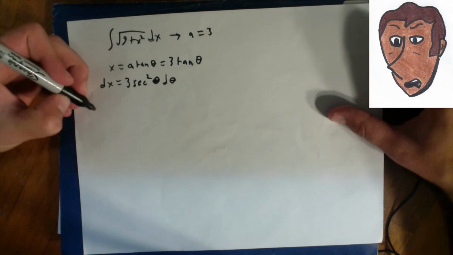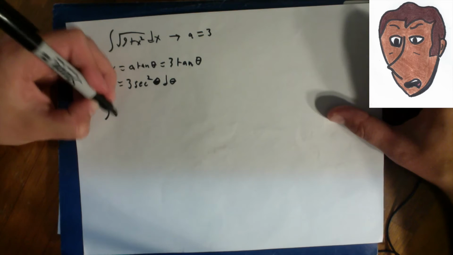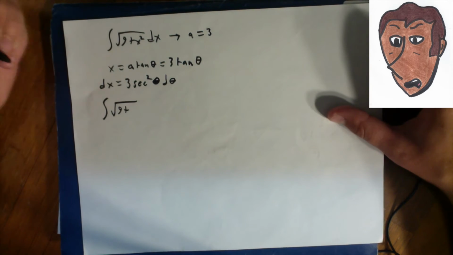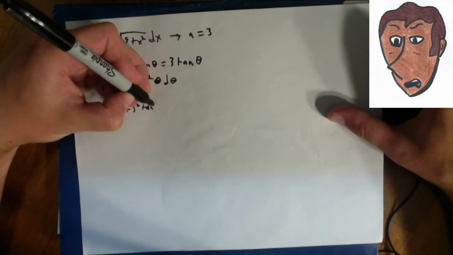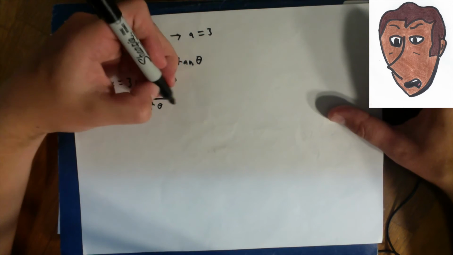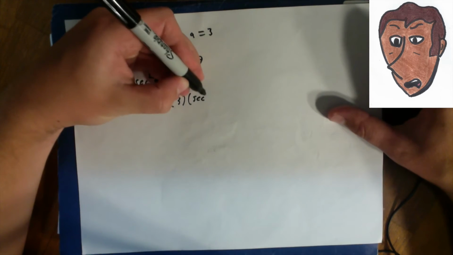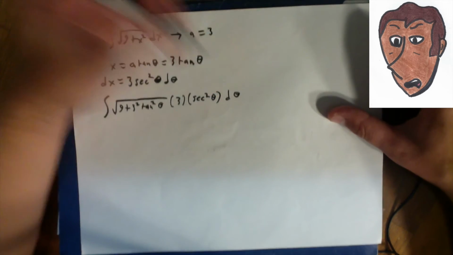So plugging back into our integral, we have square root of 9 plus 3 squared tangent squared theta, and then we plug in our dx, 3 secant squared theta and a d theta.